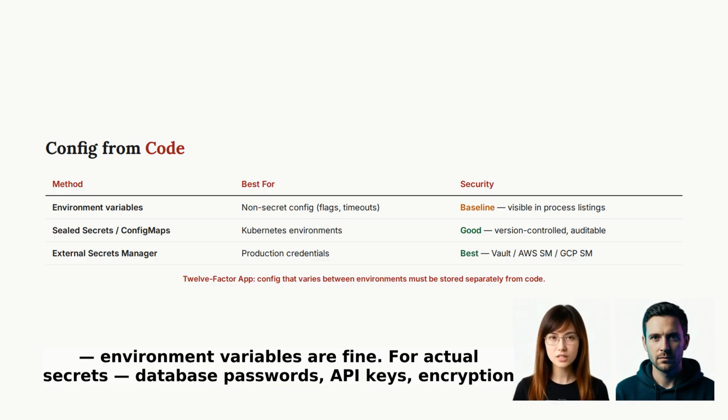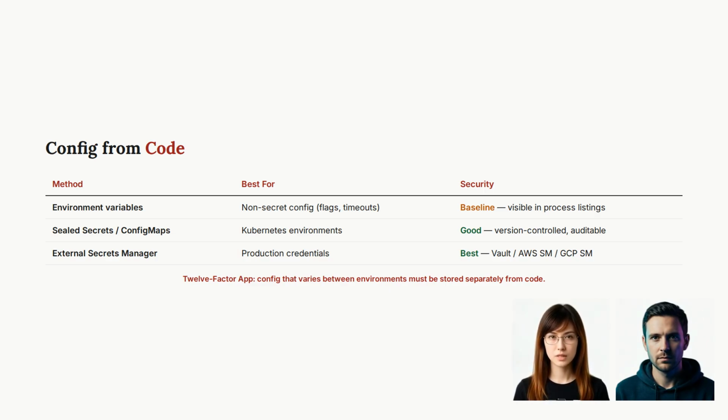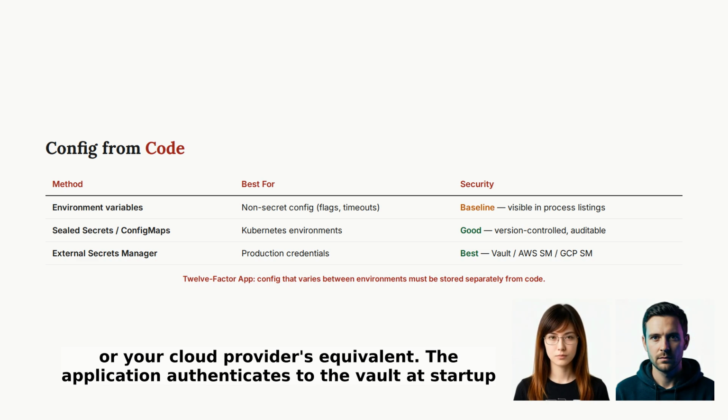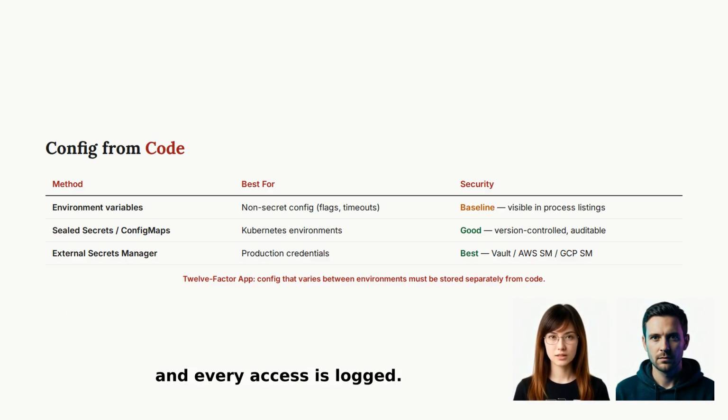For actual secrets, database passwords, API keys, encryption keys, the best practice is an external secrets manager. HashiCorp Vault, AWS Secrets Manager, or your cloud provider's equivalent. The application authenticates to the vault at startup and retrieves only the credentials it needs. The secrets are short-lived, automatically rotated, and every access is logged.